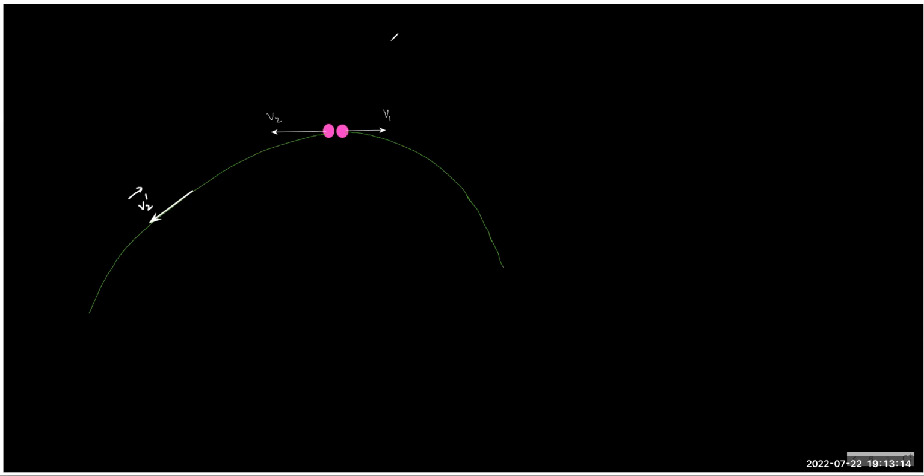And after some time, the V1 vector is something like this, let's say. Okay, they must be at the same height, so I will just keep the height the same. And let's call this V1 dash.